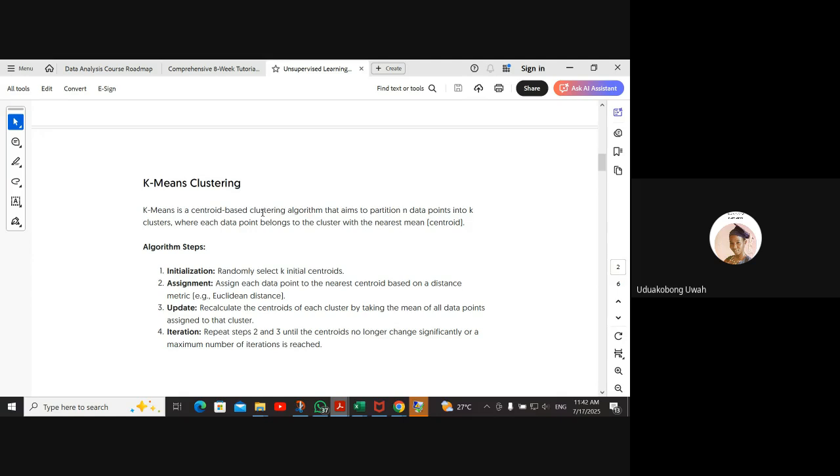It does not overlap with other clusters. That is what it means. It is widely used for what I've mentioned already: image compression, anomaly detection, and all of that.